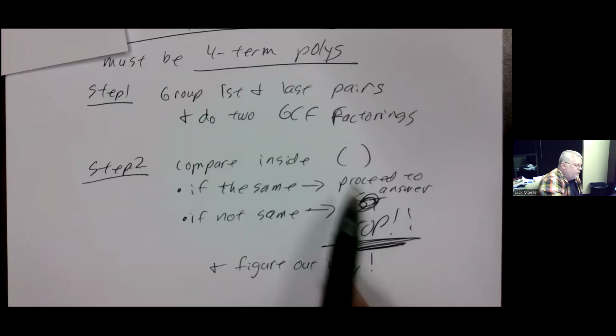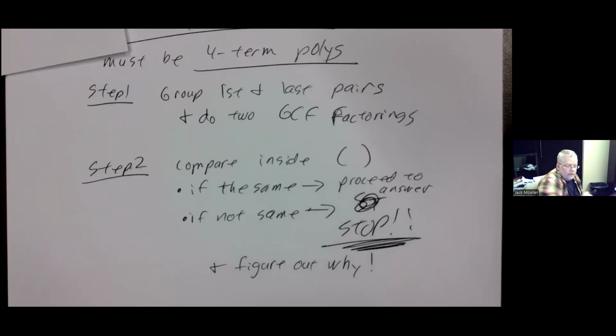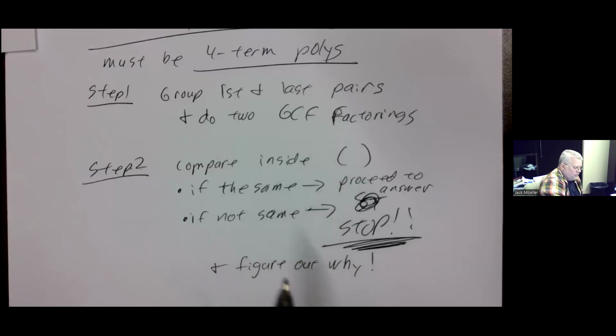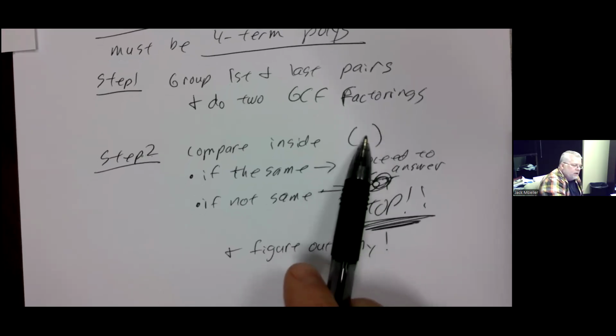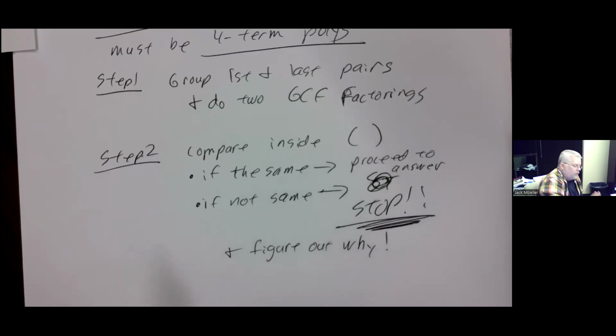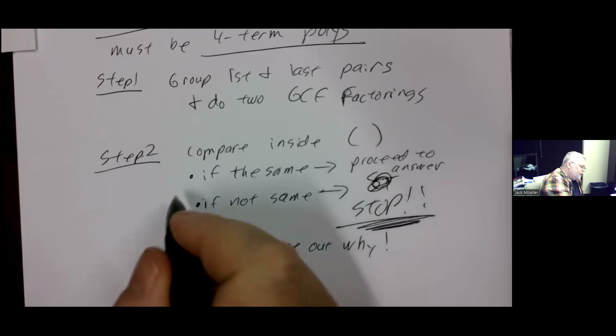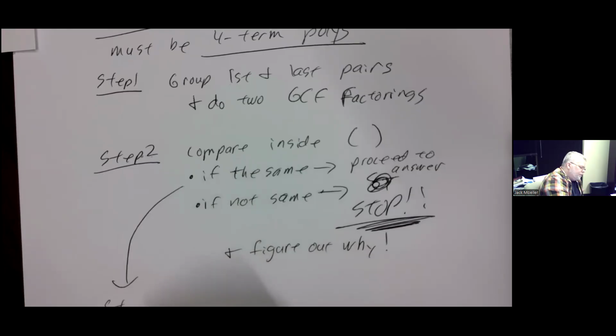Because if what's inside those parentheses after you've done your GCF factoring is not the same, either one, this is not a factor by grouping problem, or two, most commonly, since we're only giving you a few of these, you made a mistake somewhere in your factor by grouping or in your GCF part of it. And most of the time, that's because of a negative sign. I'll definitely show you examples of that. Okay, but if it's not the same inside parentheses, stop because something is wrong. But once it is the same, then you go straight to your answer.